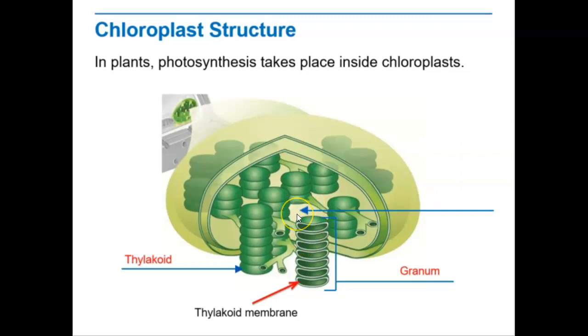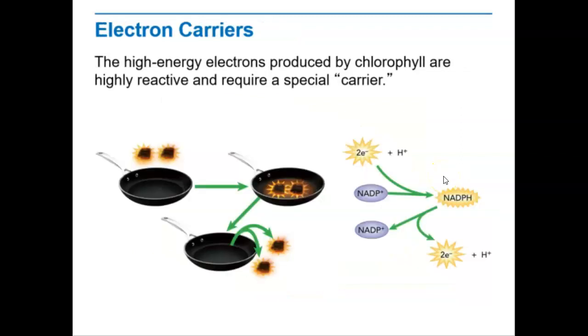And then the area that the thylakoids exist in is called the stroma. So the stroma is the fluid that the thylakoids, granum all float in. If we equate that to a cell, it would be similar to the cytoplasm. All right, so let's continue on.